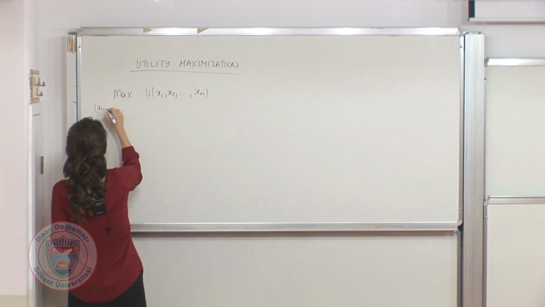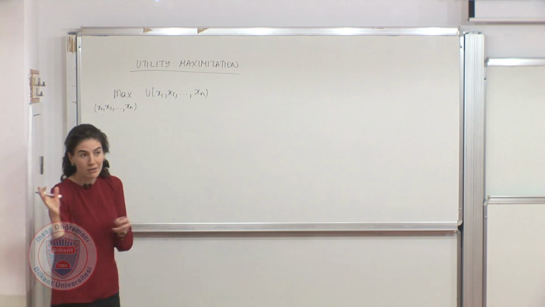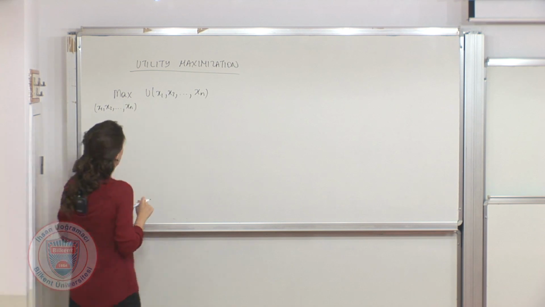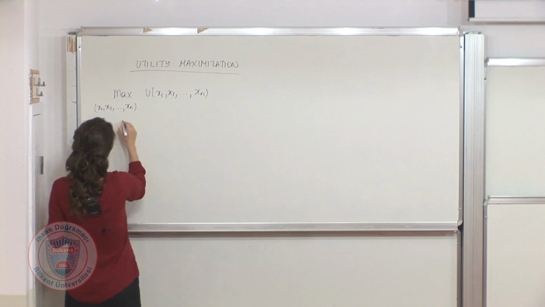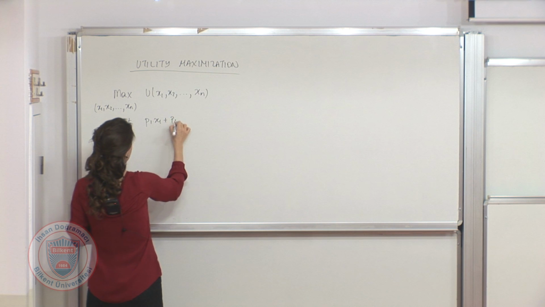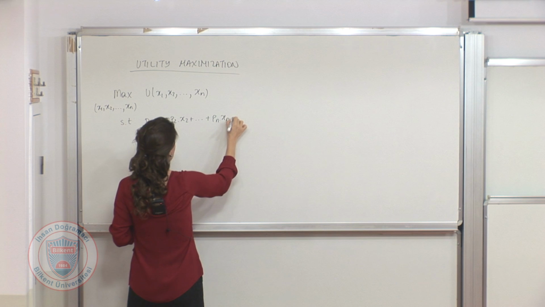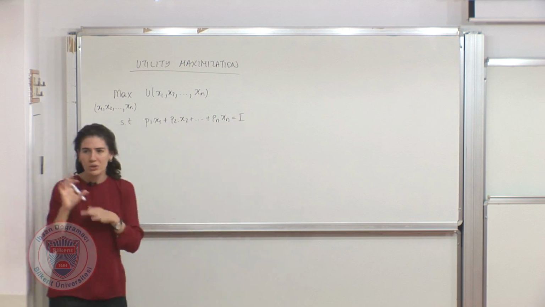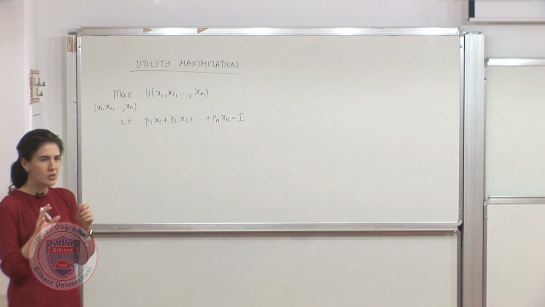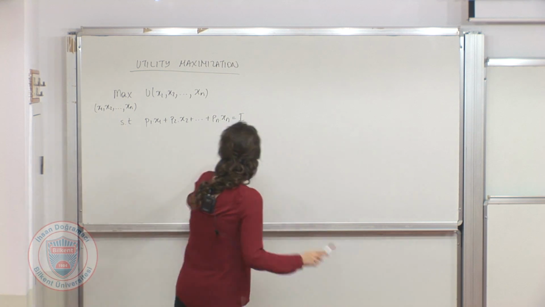And of course we're maximizing with respect to these x1 up to xn variables, right? And then we said subject to the budget constraint, p1 x1, p2 x2, pn xn, which should be equal to income, right? So we talked about these budget constraints and all these stuff. So this was our problem.